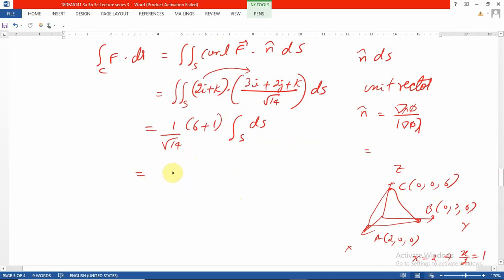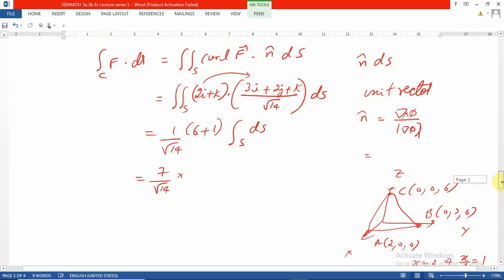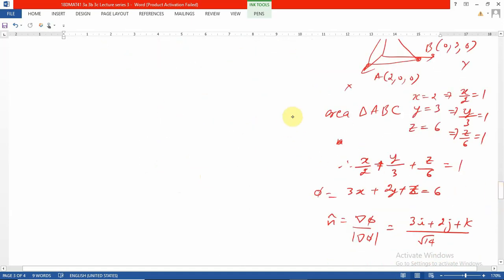Therefore this is going to give you 7 divided by root 14 into the integration of dS. Already I told you, the integration of dS is nothing but the area covered in the triangle ABC.